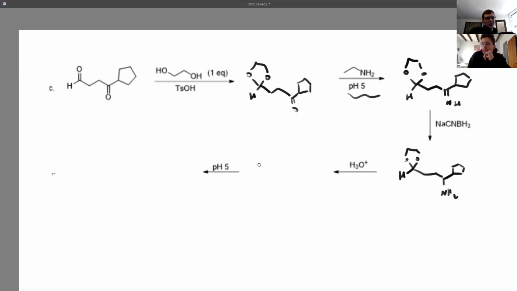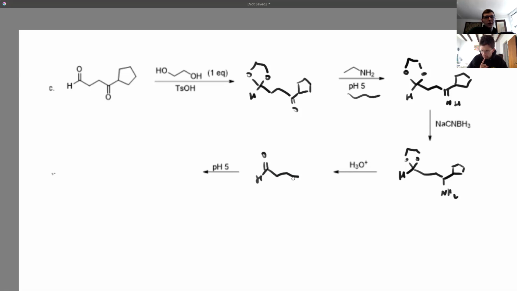So in the next step, is our H3O plus workup just going to protonate our amine? Oh wait, and since it's acidic conditions, won't it also revert our acetal to a cyclopentane? Yeah, or the acetal, it'll revert it to just an aldehyde. Oh.